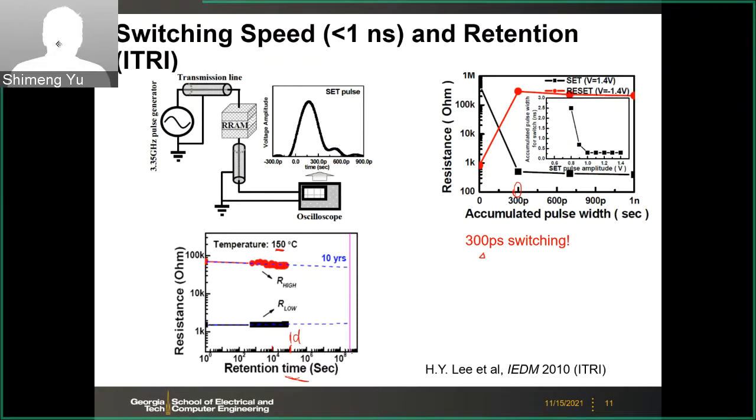And here we care about this number, 3 times 10 to the power 8 seconds. This is about 10 years. Of course, here they just measure the resistance at one temperature and then do the extrapolation, and say this is safe for 10 years. But this is not a good extrapolation. Why is that? Any idea?